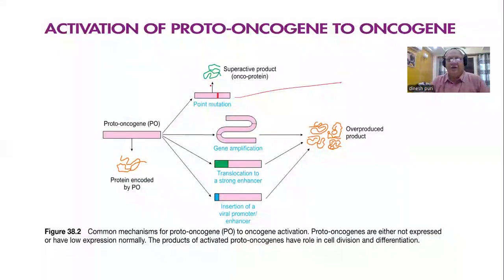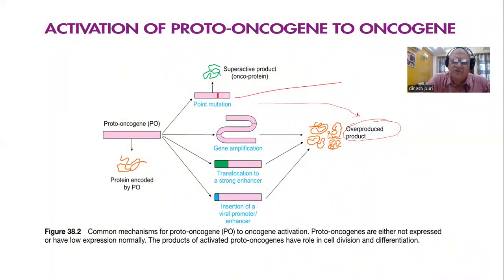And we also saw amplification, what did it do? Overproduced product, overexpression. Third, we saw translocation of a strong enhancer and a promoter insertion. So these are the various mechanisms we have seen. The first one is causing a superactive product. The next three are causing overexpressed or overproduced product. But one point I may repeat, the point mutation can also result in an overproduced product whenever it is in the promoter or the enhancer sequence.